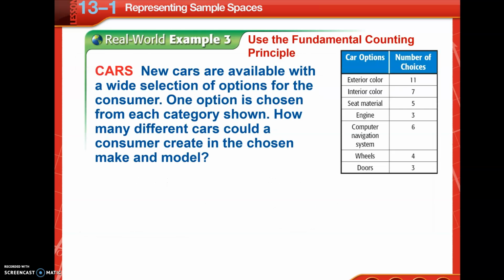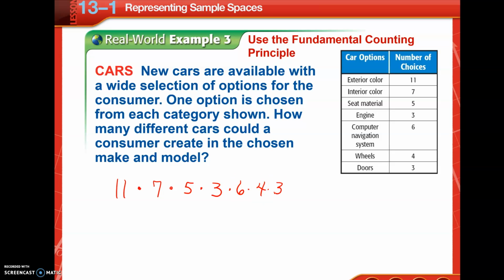New cars are available with a wide selection of options for the consumer. One option is chosen from each category shown. How many different options are there? According to the fundamental counting principle, I have 11 different exteriors, so I do 11 times 7, times 5 different seat materials, times 3, times 6, times 4, times 3.